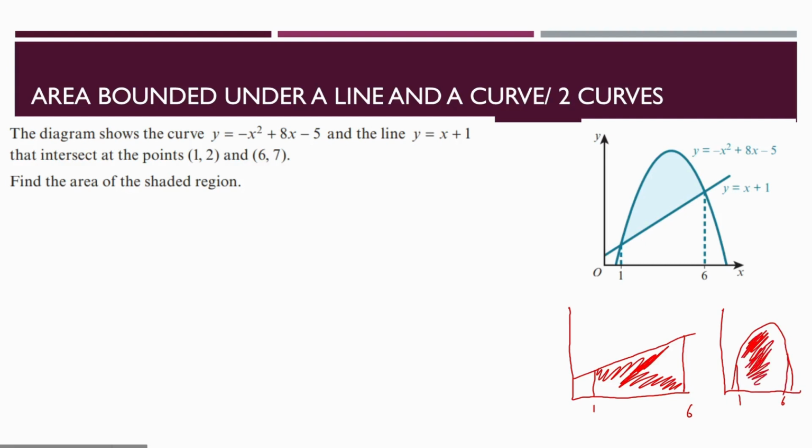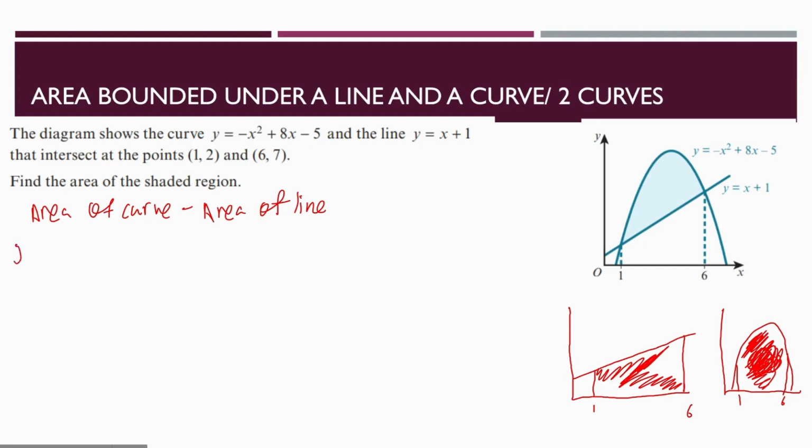So just by seeing the graphs of these two, you can determine that to find the area of the shaded region, what you have to do is subtract the area of the line from the area of the curve. This is how you're going to get your answer. Sorry for the bad handwriting, but that's how you will figure out which area you have to find and how you can find it.